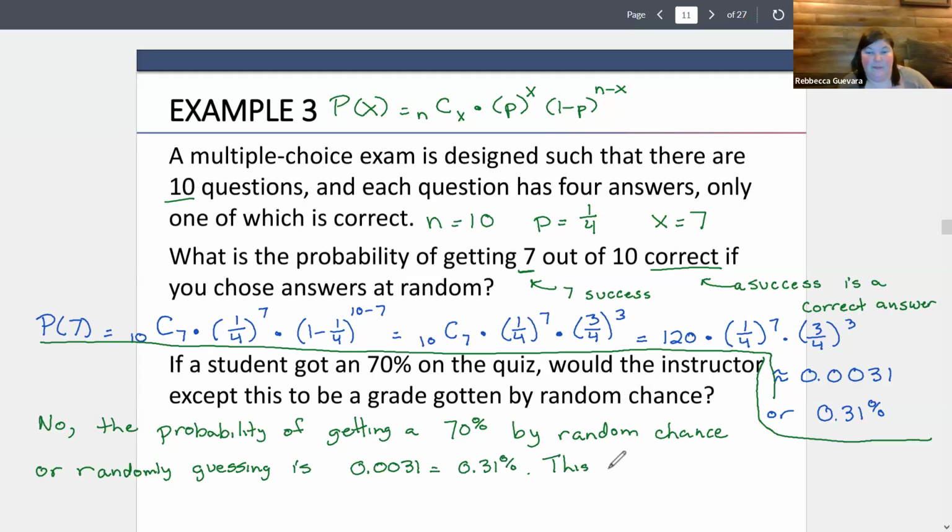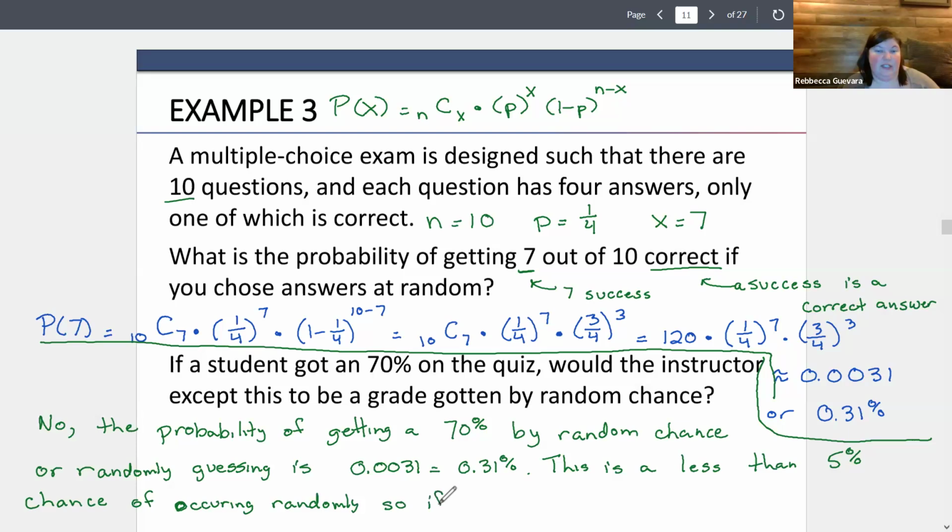This is a less than 5% chance of happening. Remember, if anything has a less than 5% chance of happening, that's when we start considering it unusual. So this has less than a 5% chance of occurring randomly. So it is unusual and not expected.